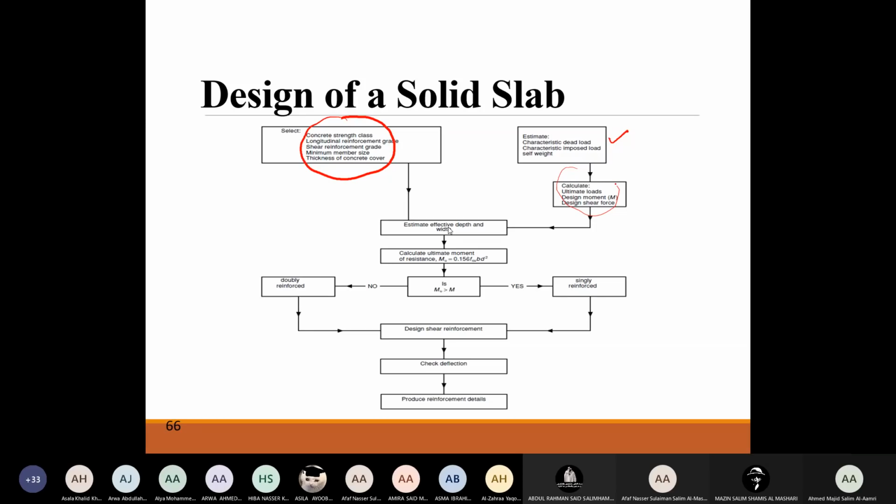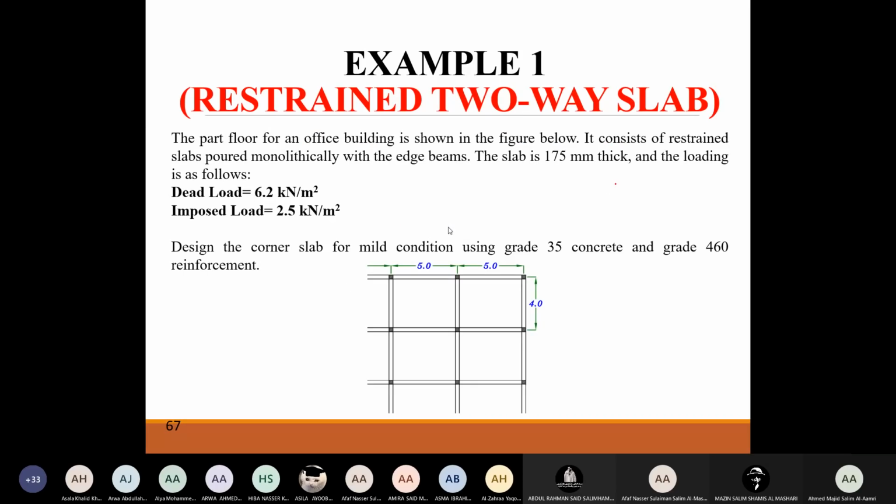Now, if we talk about designing, what is the most important thing that you need to consider while designing a slab? If I want to design, for example, a chair, what are the things to be considered? If I want to design anything in life, what are the things to be considered?